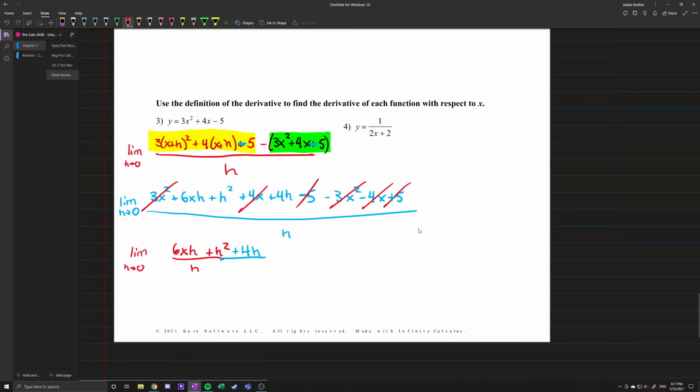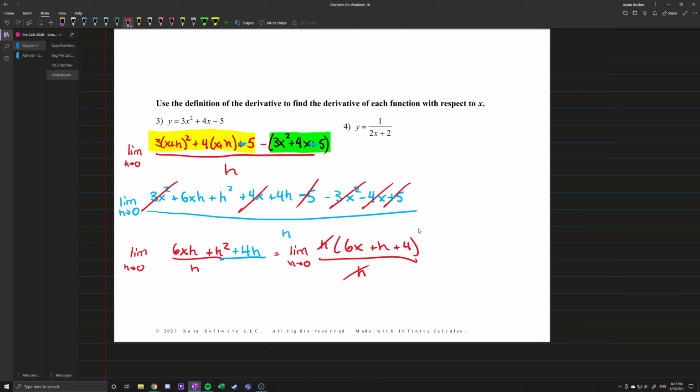So then we have something that looks a lot like what we did in the last couple of examples. If we plug in h, we get something over 0. So if we factor out an h, we get h times (6x plus 3h plus 4) all over h. These h's cancel.